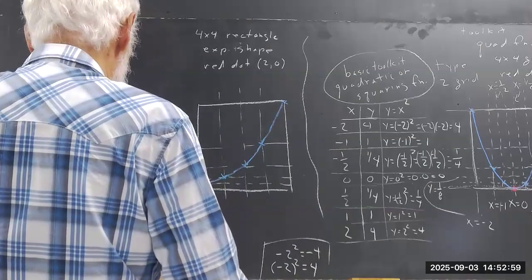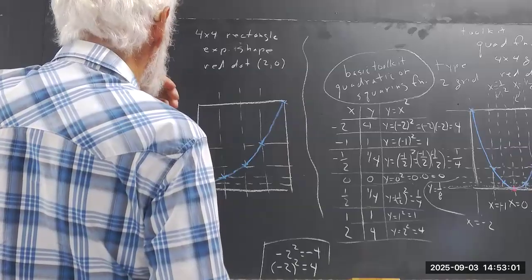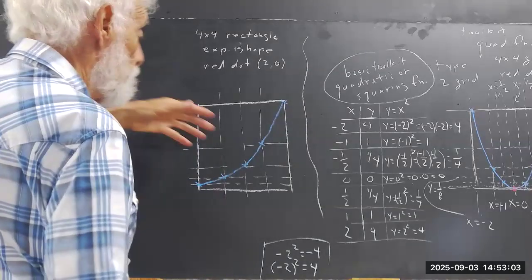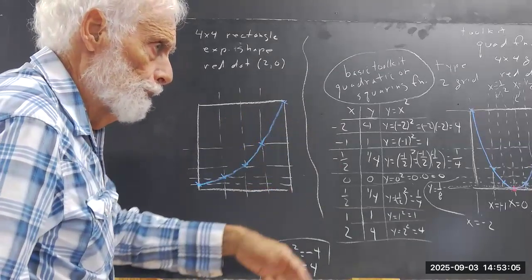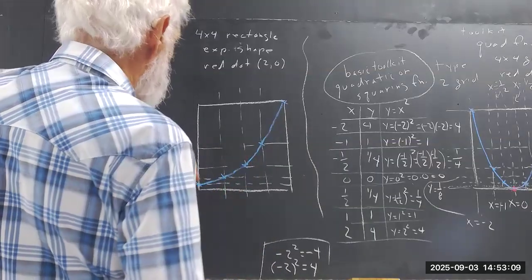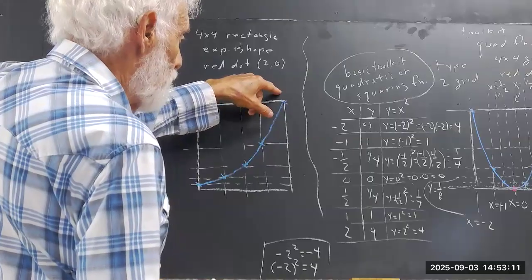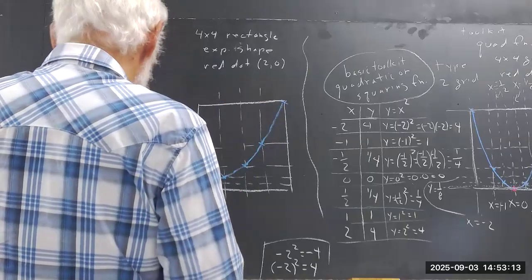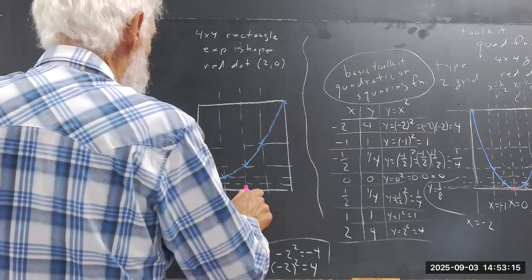Here's our curve. Now, the toolkit function is y equals 2 to the x. This is not y equals 2 to the x because the red dot is at the point 2, 0.